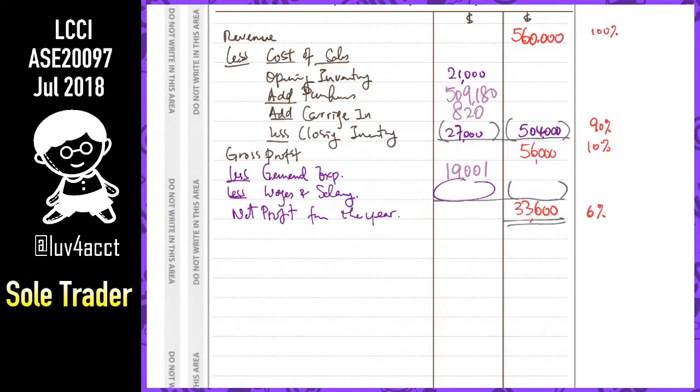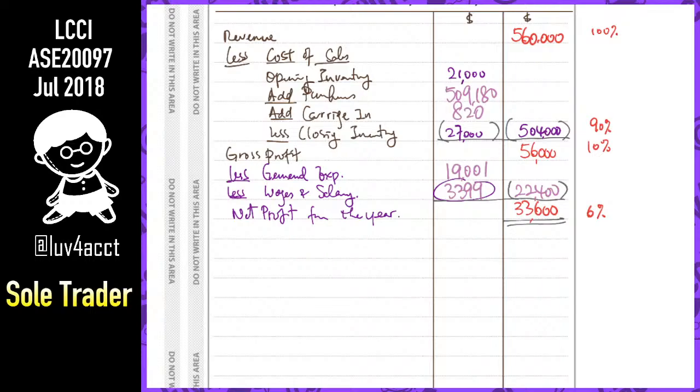Let us calculate one more time to make sure that it is correct. 21,000 plus this one plus 820 minus 27,000. Yes. So total expenses being 22,400, and then this minus general expenses, 3,399 for wages.